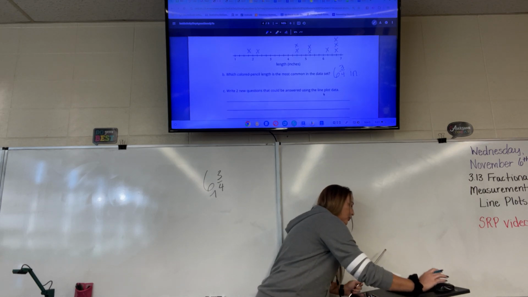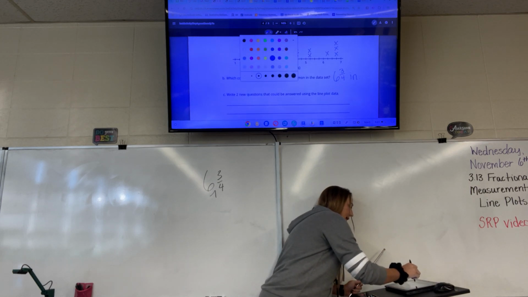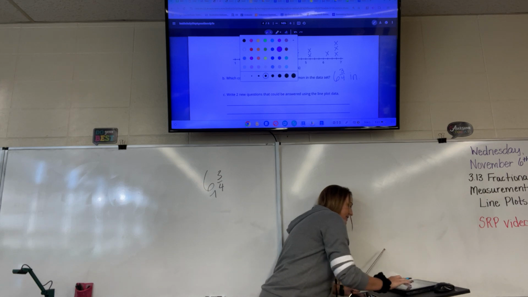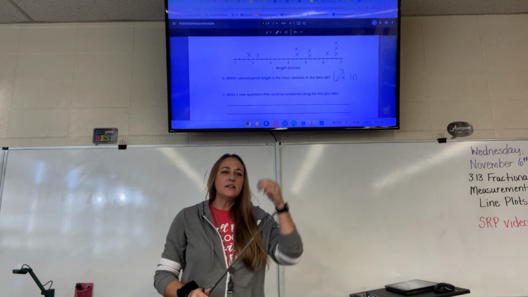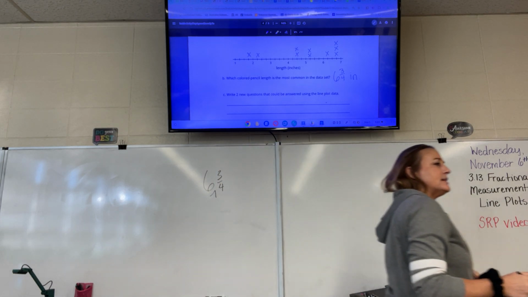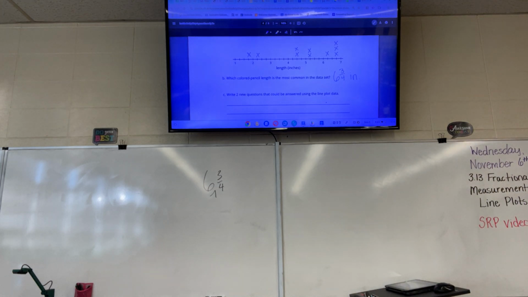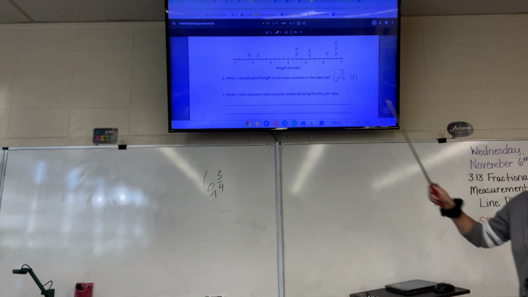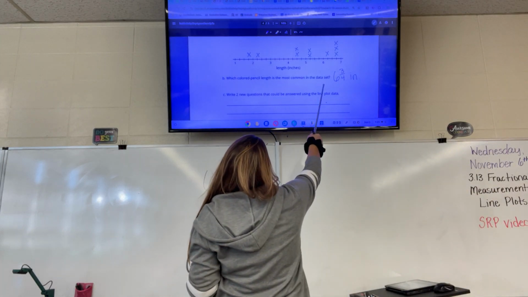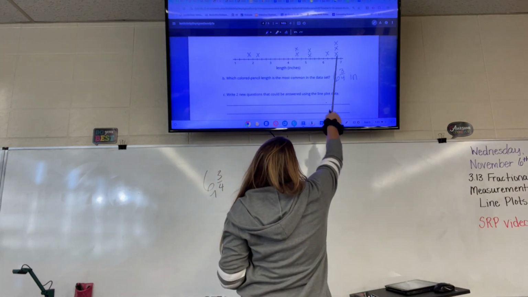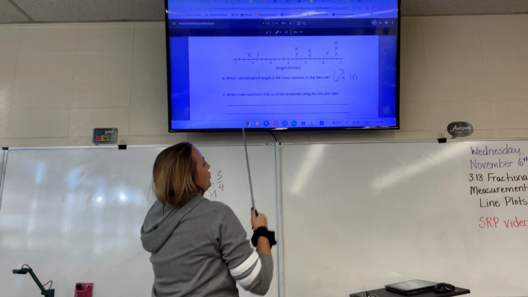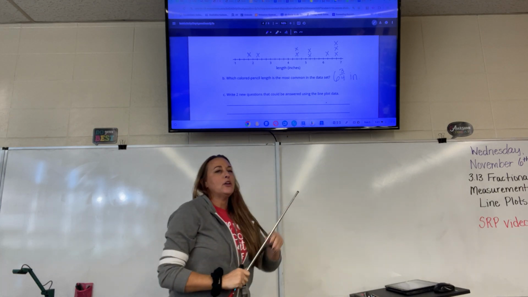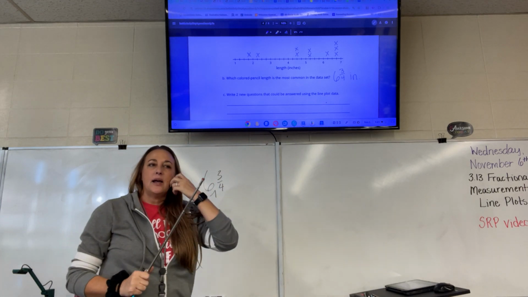Write 2 new questions that you could answer with this line plot. What's another question that you could answer, Haziel? No, we're making up questions now. So we've already answered which colored pencil length is the most common. So that's that one. What's another question that we could determine the answer using our line plot?